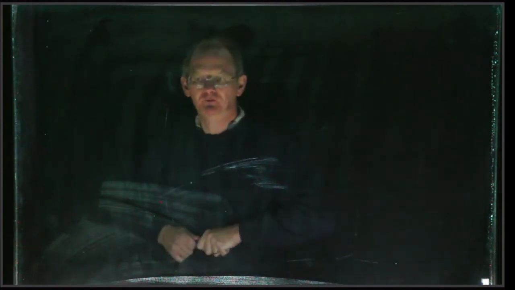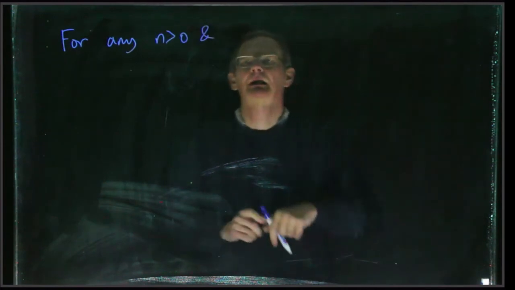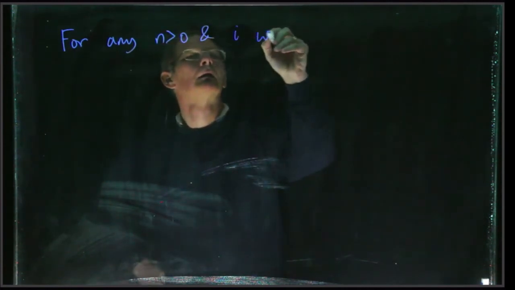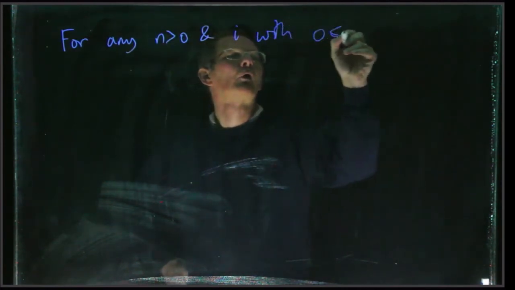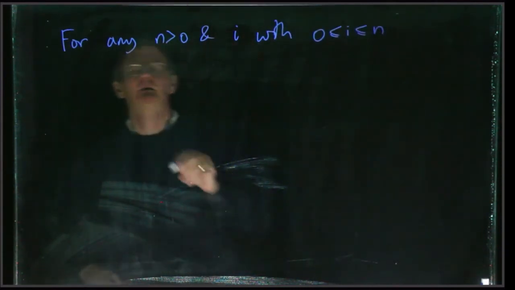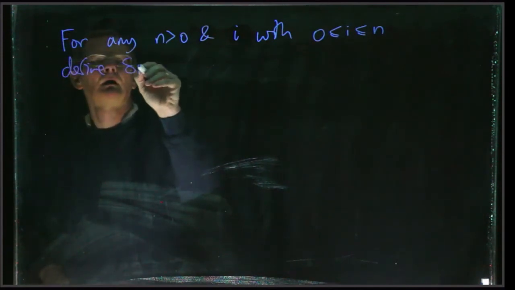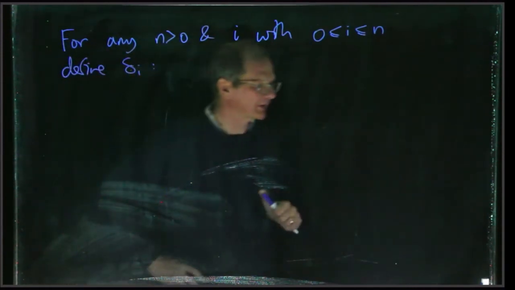Okay, so now here's the fully general picture. We've got any n greater than 0 and i between 0 and n. We're going to define this so-called face inclusion, delta i.